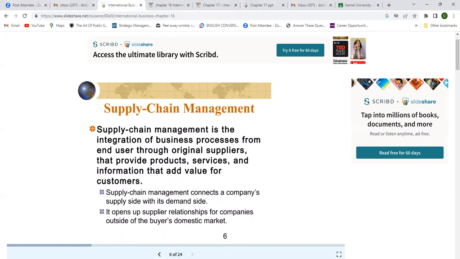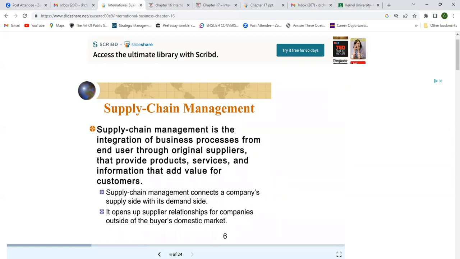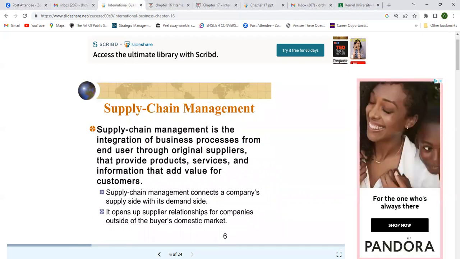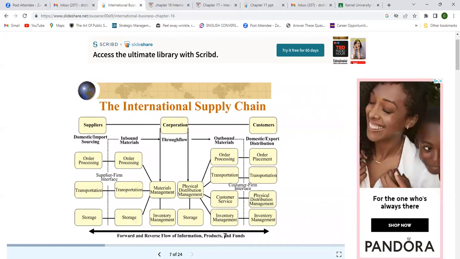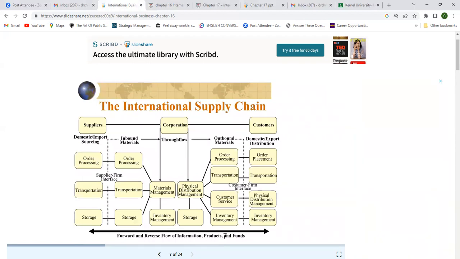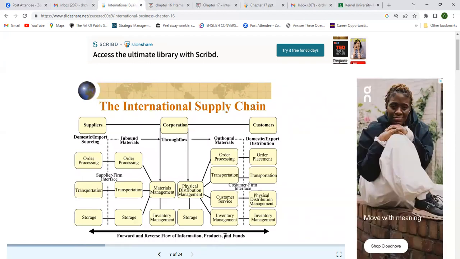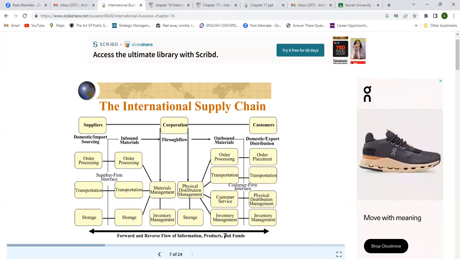Supply chain management connects the company's supply side with its demand side. It opens up supplier relationships for companies outside the buyer's domestic market. We have the international supply chain: suppliers, corporation, and customers. We have domestic import sourcing, inbound materials, throughflow, and outbound materials.